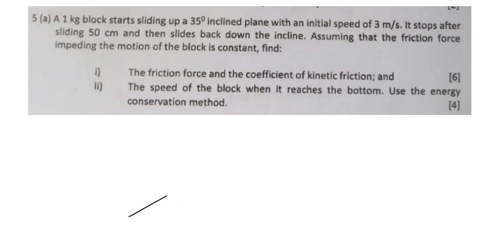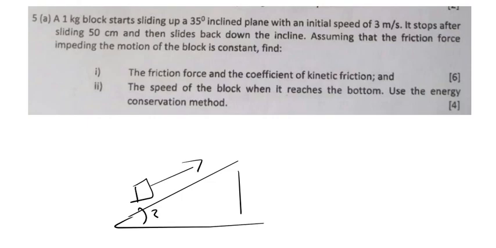So assuming it goes up the incline, the angle we've been given is 35 degrees. It was moving at 3 meters per second. This is a 1 kg block. It slides to 50 centimeters, then after it had reached that, it had to stop and go back.